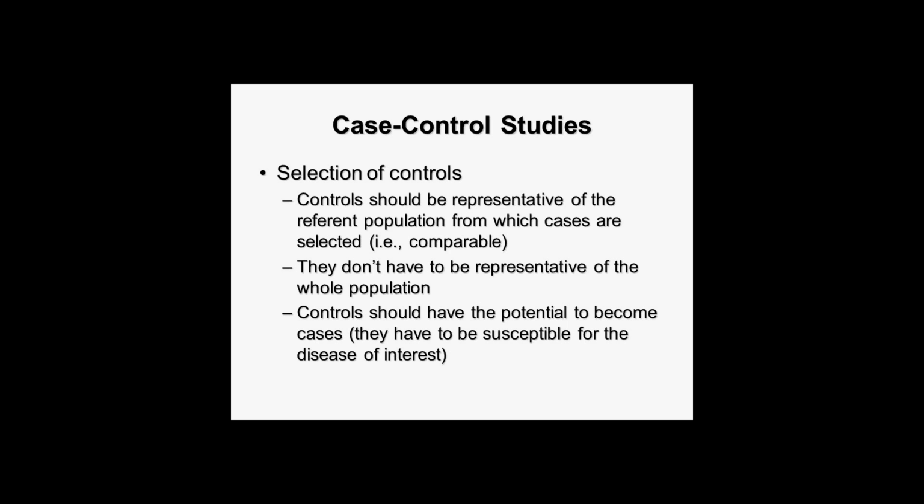But we also get a bunch of transfers that come in here because we're such a large trauma center. So we get people from Tennessee, Georgia, all over Alabama, maybe even Florida. And so if we're doing a case control study in which our cases are some sort of injury that comes into our trauma center, then we have to make sure that the controls are those individuals who come from a similar area to the cases.